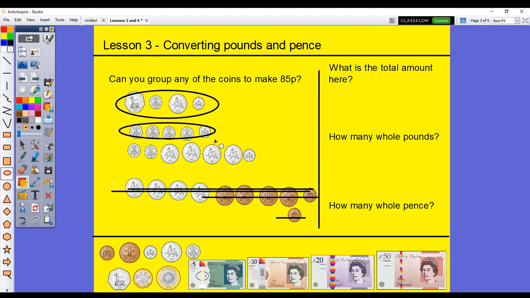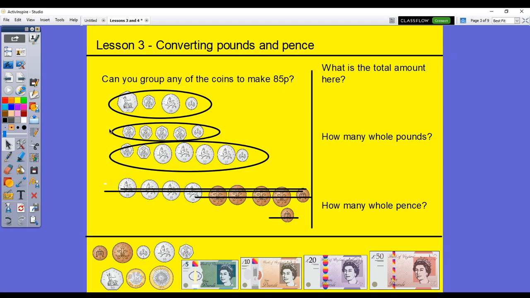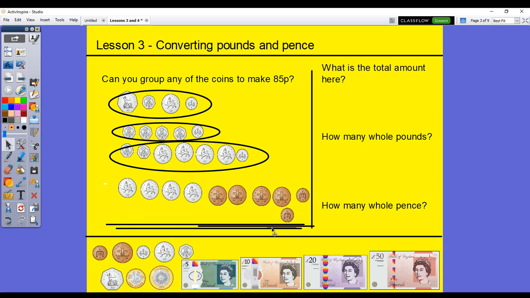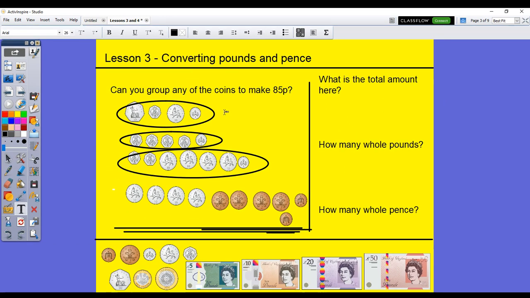What is the total amount that we have here? Now we can include all of it, so I'll get rid of our crossings out, because we can now count all of it. We know we have 85p here, 85p here, and 85p here.